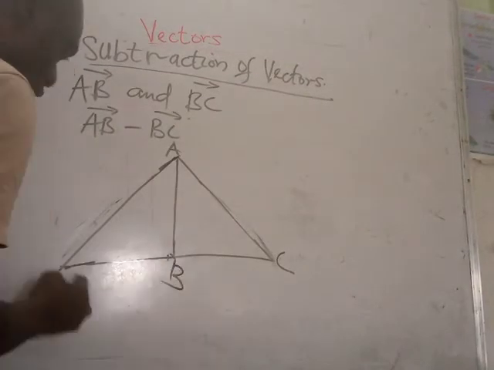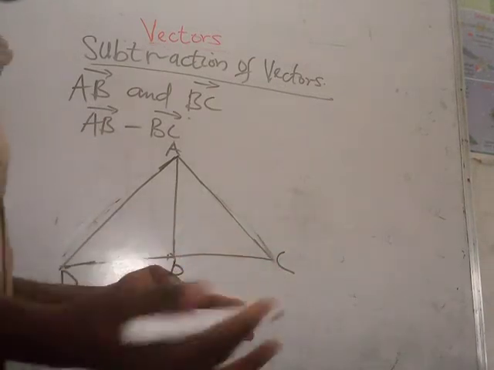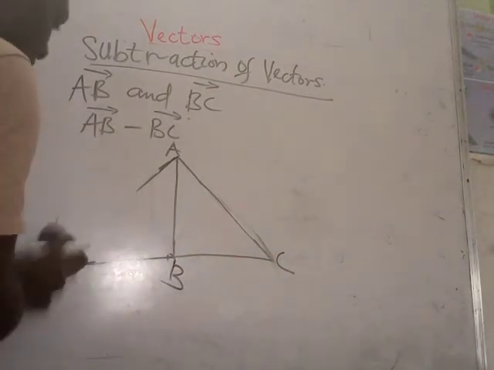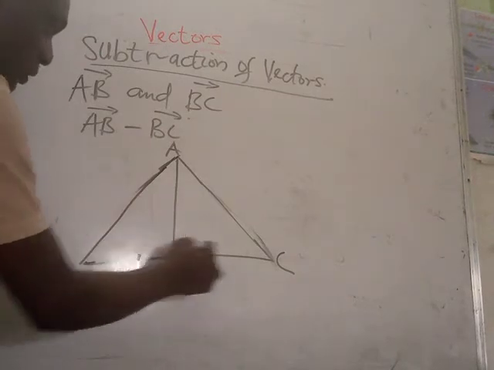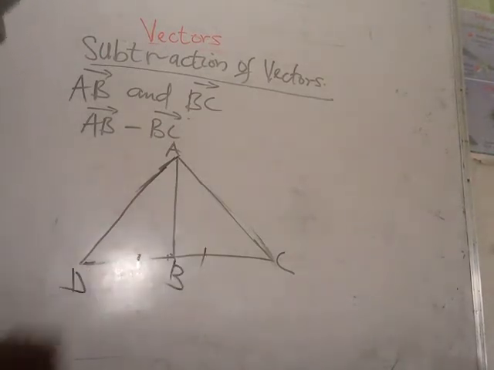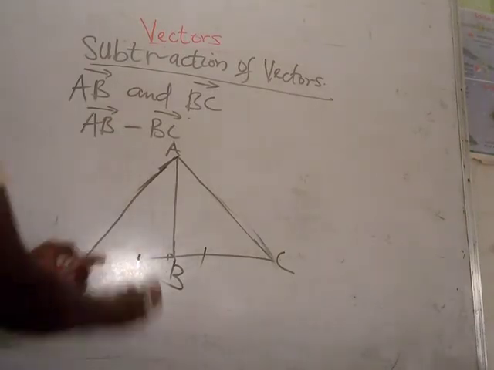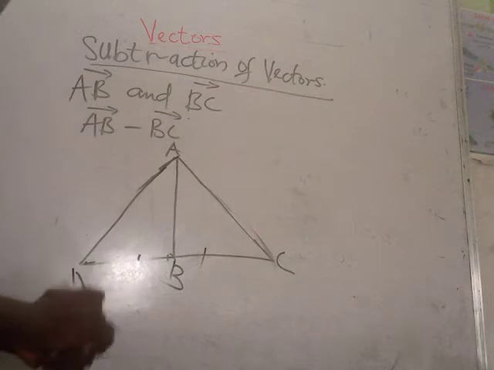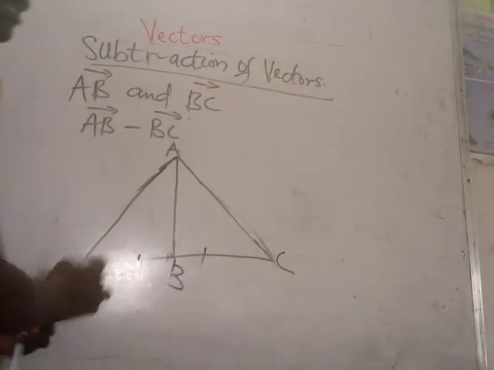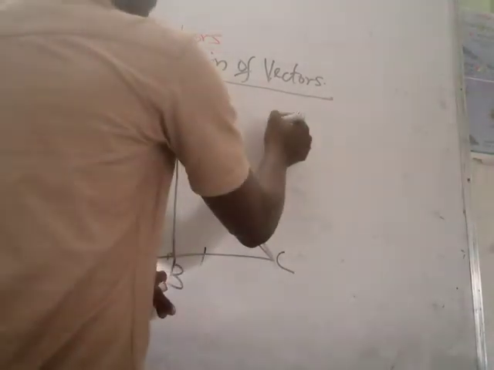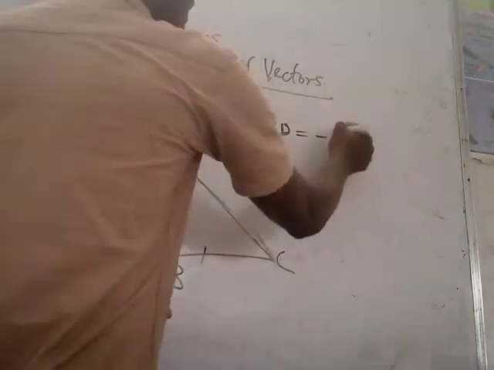So this is B. So let's call this D. Now, pardon my diagram. This should be of the same length. This should be equal to this. Now, from this diagram, you will agree with me that since this and this are equal and they're in opposite direction, this is BC and this is BD. It therefore means that BD is equal to the negative vector of what? BC.